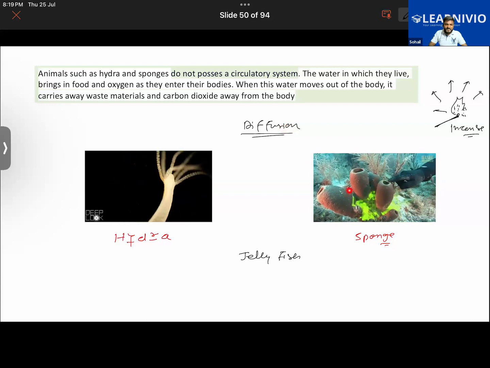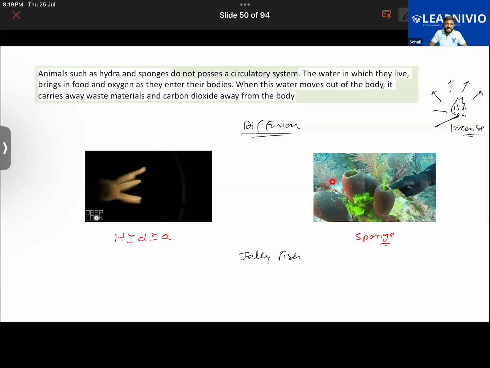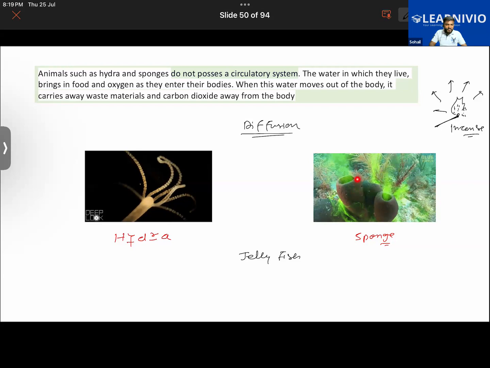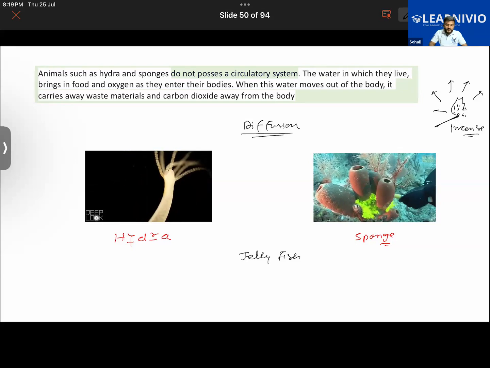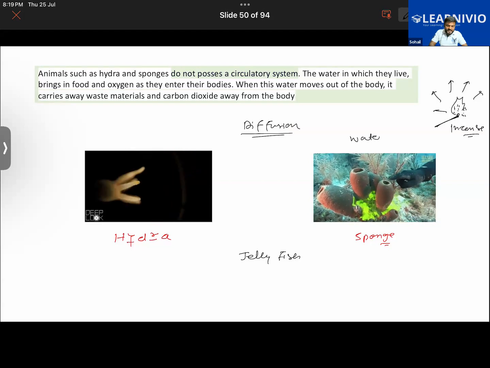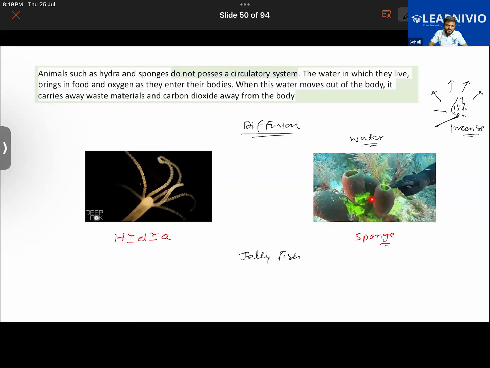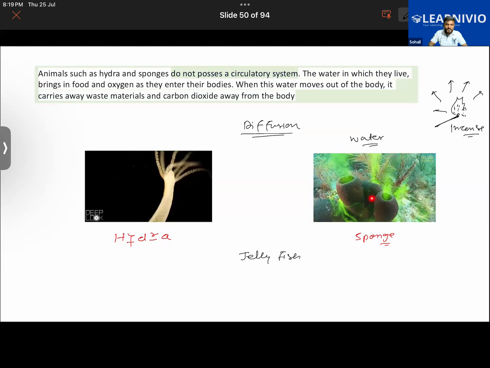Say for example, this sponge would be surrounded with water, and in water we know that nutrients required by this sponge, oxygen required by this sponge would be dissolved in the water, right? So water has got higher concentration of nutrients and oxygen as compared to the body of the sponge. Try to understand this.